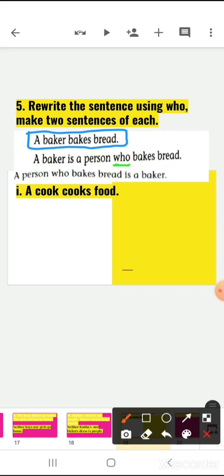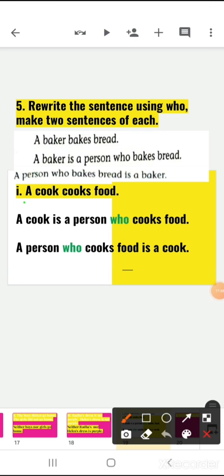Alright, and the second way we have to write it, a person who bakes bread is a baker. The meaning of these 2 sentences is the same, but we have to use who in the sentence. Okay. Now the first point given in the question, a cook cooks food. Now let's see how we have to use who and make the 2 sentences. Okay children?